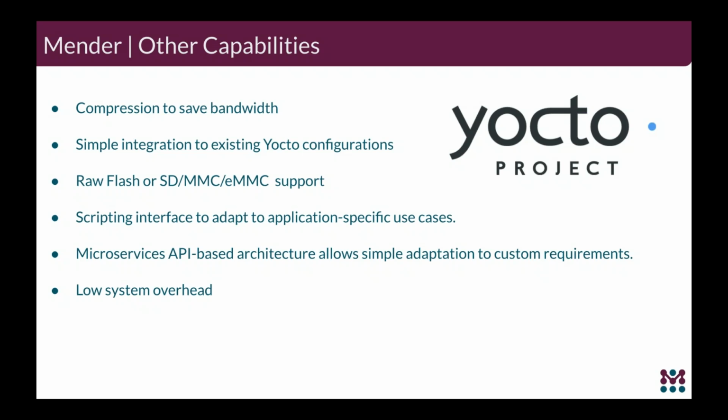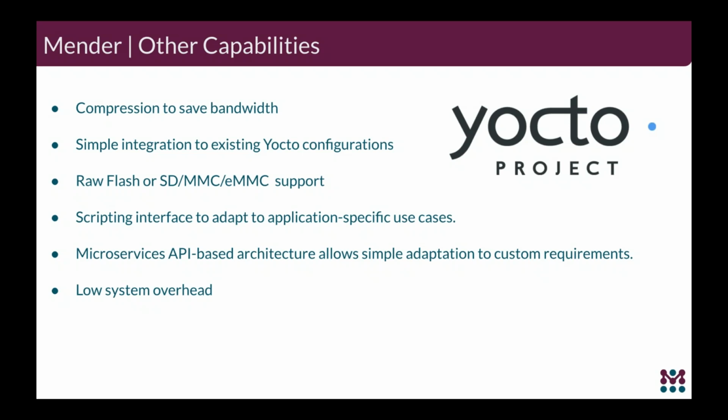If that scripting interface doesn't give you enough flexibility, as I mentioned earlier, you can also code custom scripts that use the backend API to do things that you may want to do.